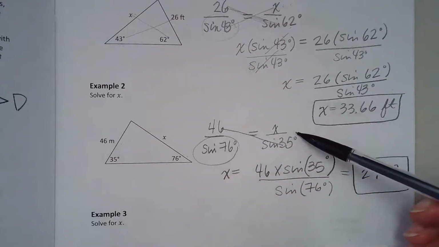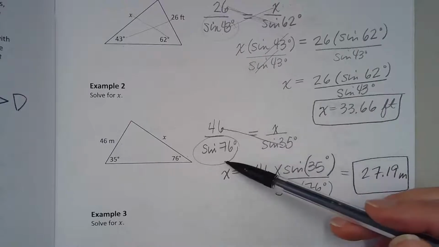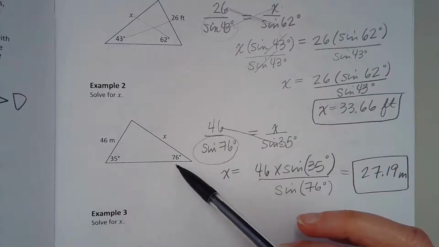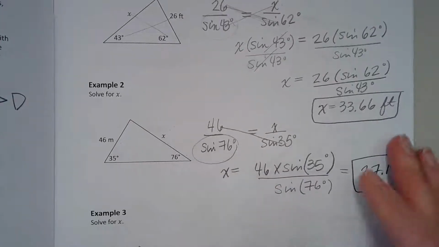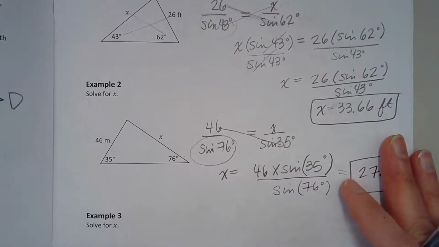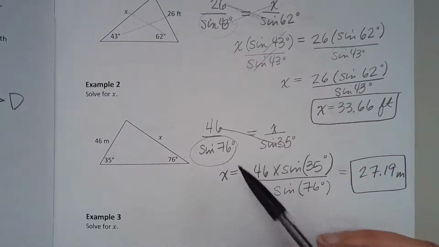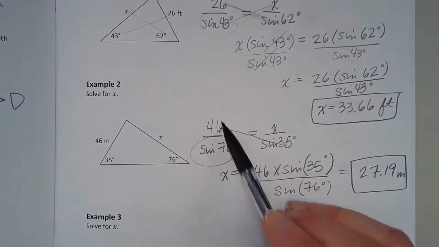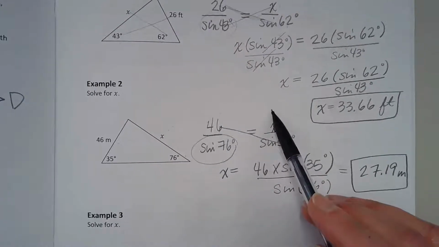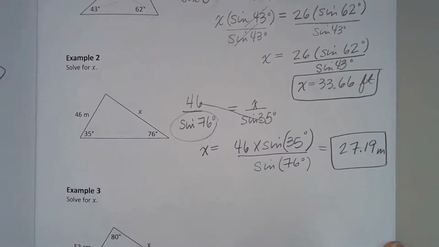Once you cross multiply, the partner sits on top of its partner angle. To be honest, it doesn't really matter. You can put the angles on top, as long as they're across from each other. The cross multiply would end up looking the same.